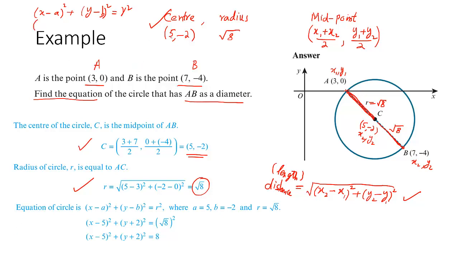So we have (x minus 5) whole square plus, and student, you know that it is negative 2, so y minus b will become positive, (y plus 2) whole square, and r is square root of 8 whole square, and this square will cancel out with the square root. So the final equation is this one. You can find the working over here. So this is our equation of the circle.